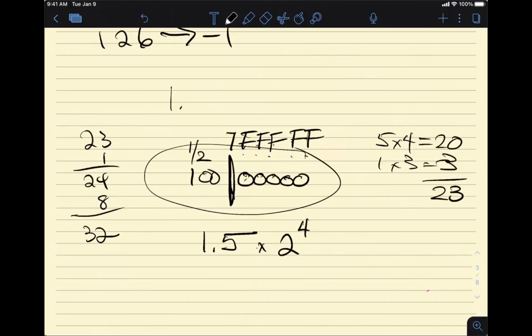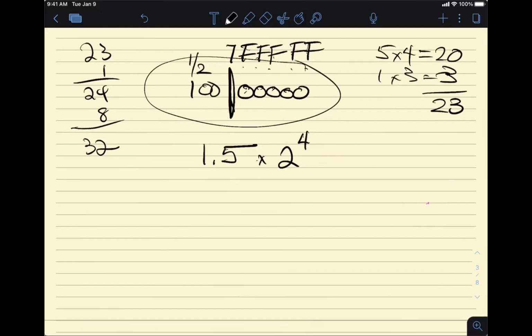Right, but 0.5 in scientific notation would be 5 times 10 to the minus 1. That's 0.5. So essentially, there's this extra 1 plus that fractional bit. Correct.